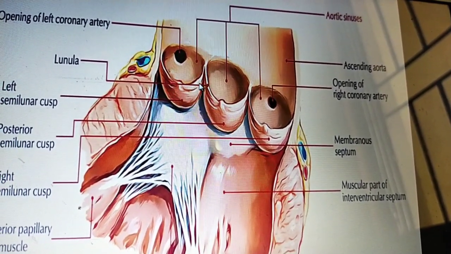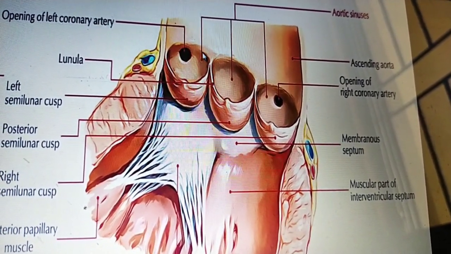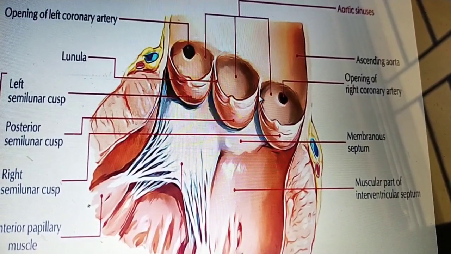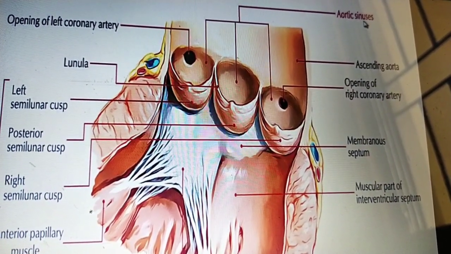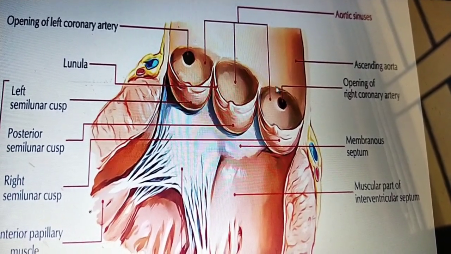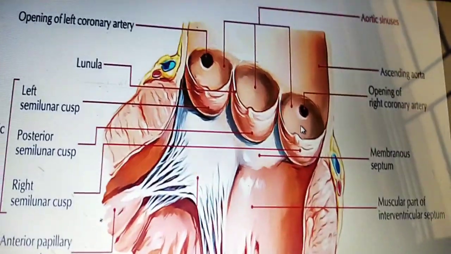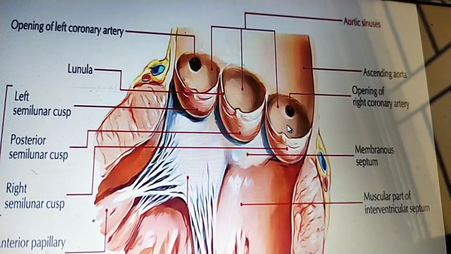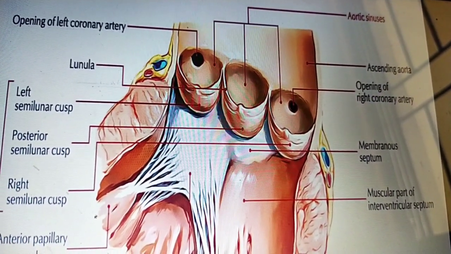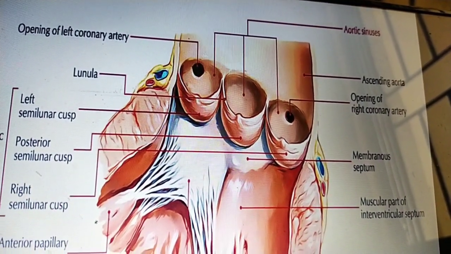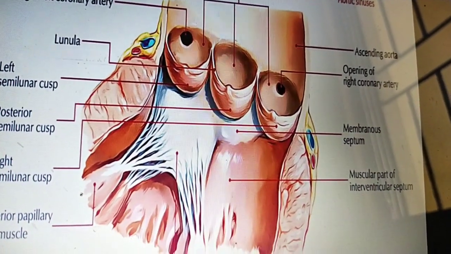Just above these leaflets or cusps there are dilatations, and these dilatations are called the aortic sinuses.